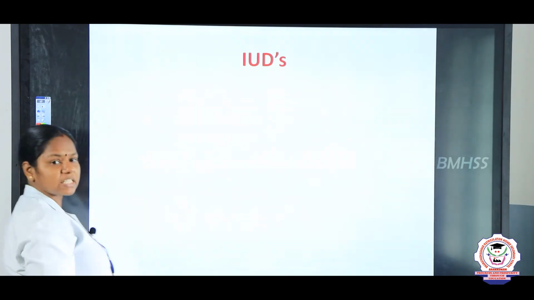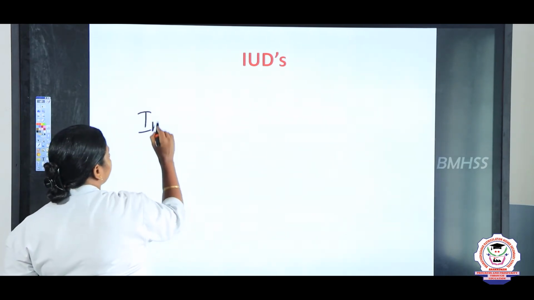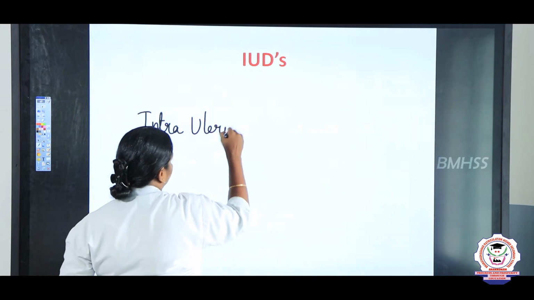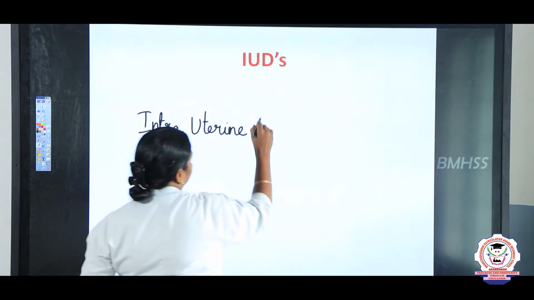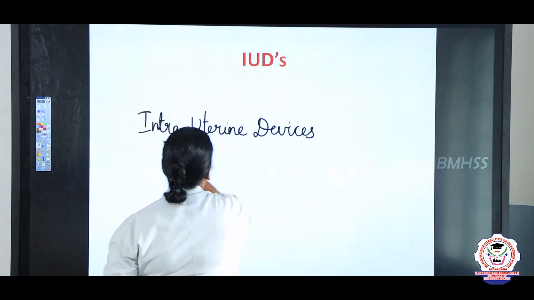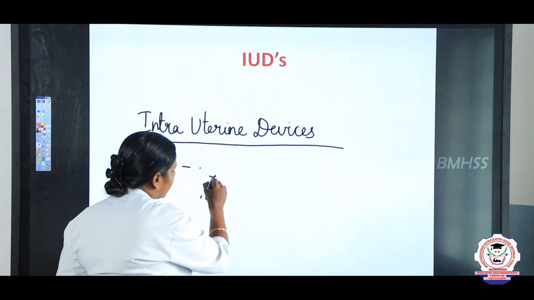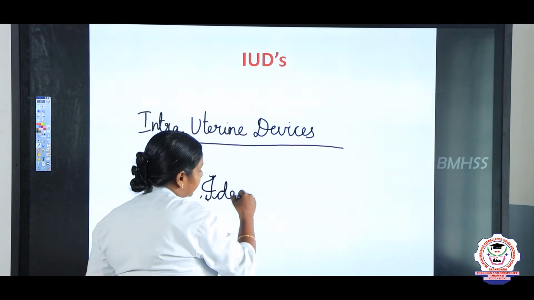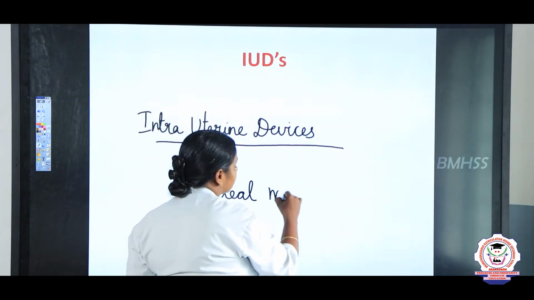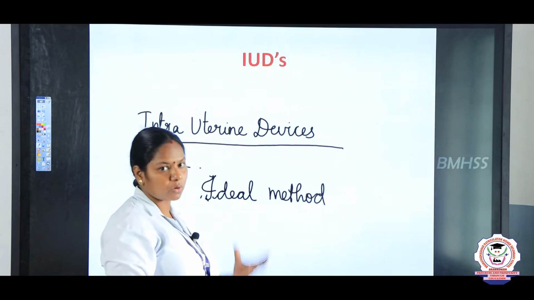And we are going to discuss the IUDs, intra-uterine devices. It is the most ideal method. It is an important 1 mark question, children. When compared to other methods, it is very reliable, so it is an ideal method to prevent unwanted births.